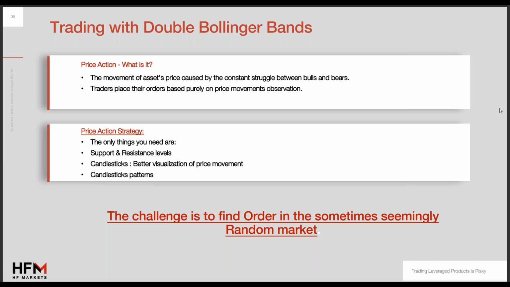I mentioned gold because it's the oldest tradable asset in the world. So it basically is the price movement that we are seeing for any asset over time. This is what is called price action.